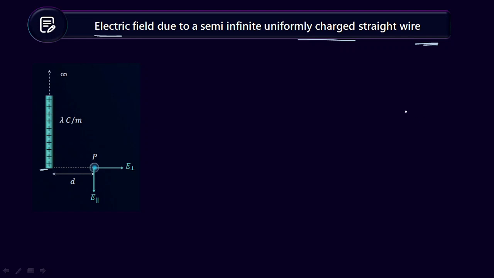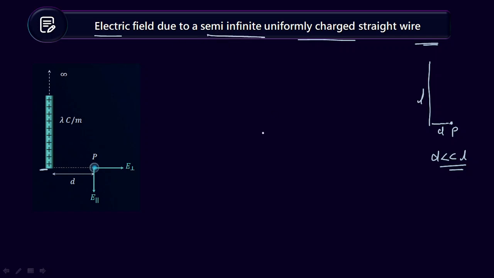When we say infinite, it doesn't mean that the wire goes from Earth up to the Sun or anywhere. Here it means that the length of the wire is L, and the distance d of the point where we want to find the electric field is very small compared to the length of the wire. And if the point is near one end of the wire, we consider it a semi-infinite wire, right?